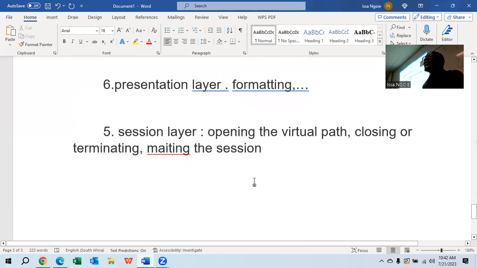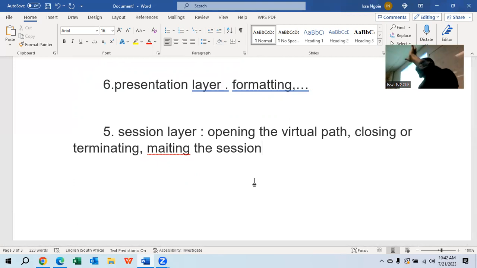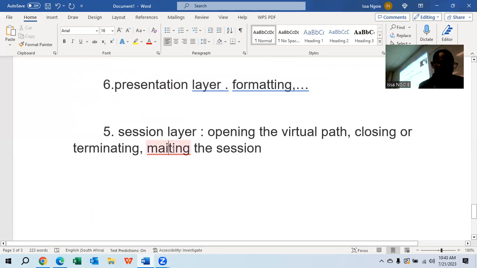Guys, did you understand? Suppose you already typed your email, right? You are done with typing. There is a layer that will make sure that there is a road between your PC and that PC. But that road is virtual. It's something you cannot see. So this session layer will open that session, will keep it open for your data to start flowing. It's maintaining it.